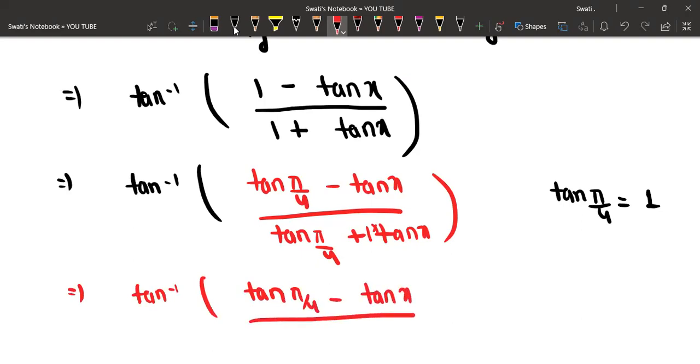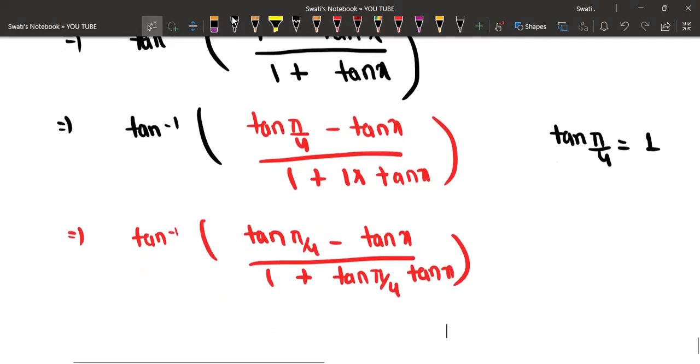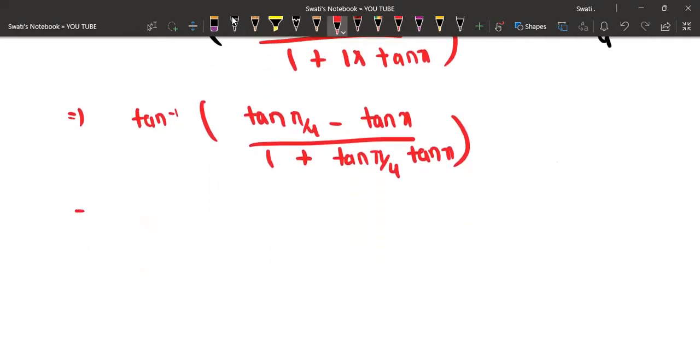Here I can keep it as 1 only instead of writing tan pi by 4, because it is going to give me a formula. So this is 1 plus, here I have multiplied this tan x by 1, and in the place of this 1, I can substitute tan pi by 4, and this is tan x as it is. Okay, so now this is in the formula.